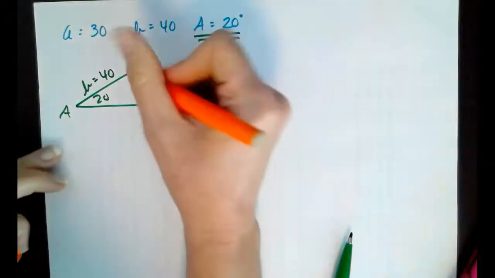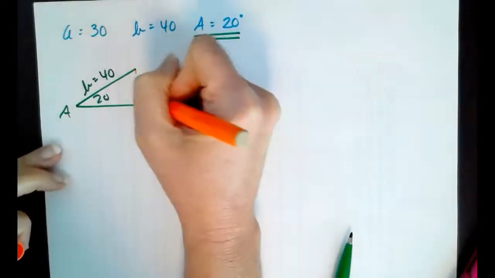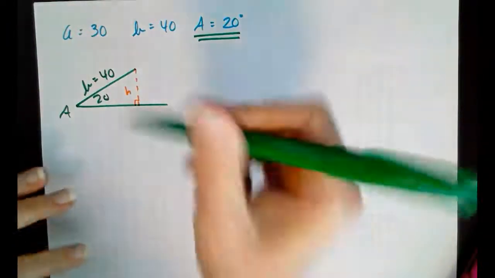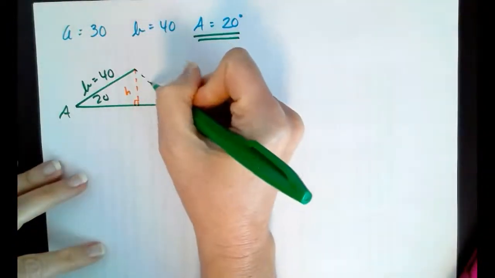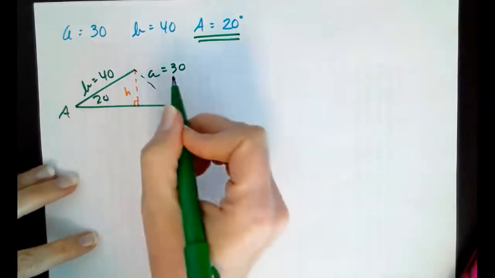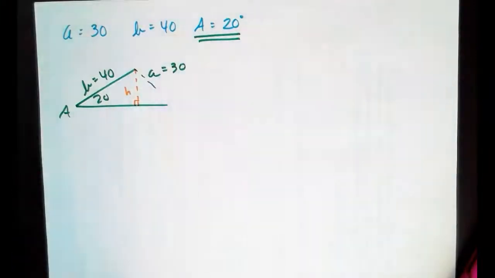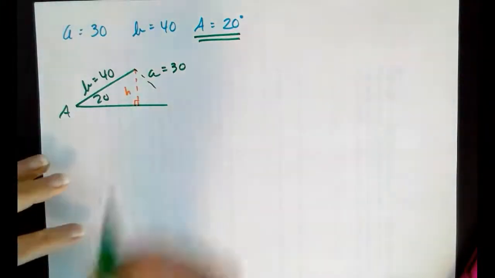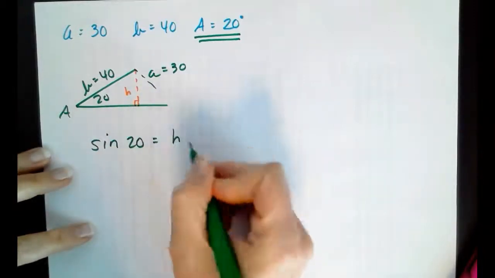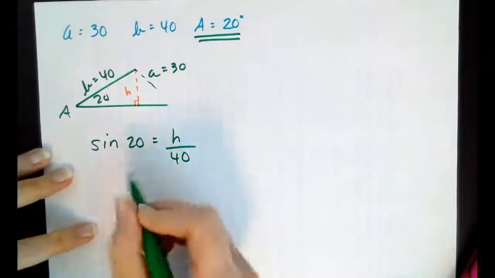Let's start by finding out what H is in this situation, and that will give us some wisdom as to what A can possibly be, knowing that if A is 30, our H has to be less than 30. So the sine of 20 equals H over 40.